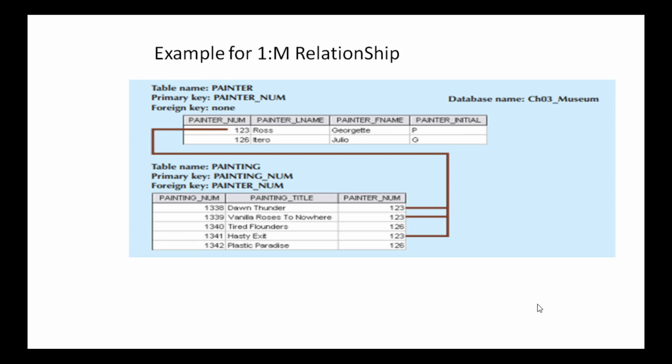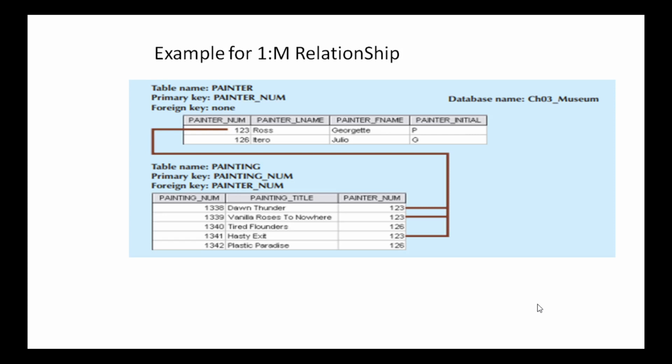First, coming to the one to many relationship, the painter number 123 row. He painted how many paintings here? 3 paintings: painting numbers 138, 139, and 141.